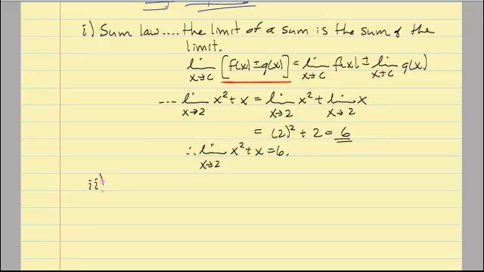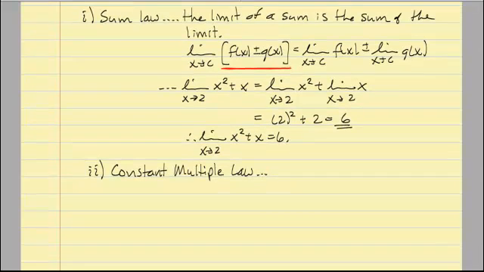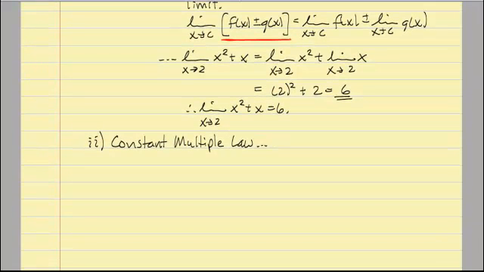Second rule, this is going to be the constant multiple law. The constant multiple law basically says you can pull any coefficients out front of the limit, or factor if you'd rather say that.